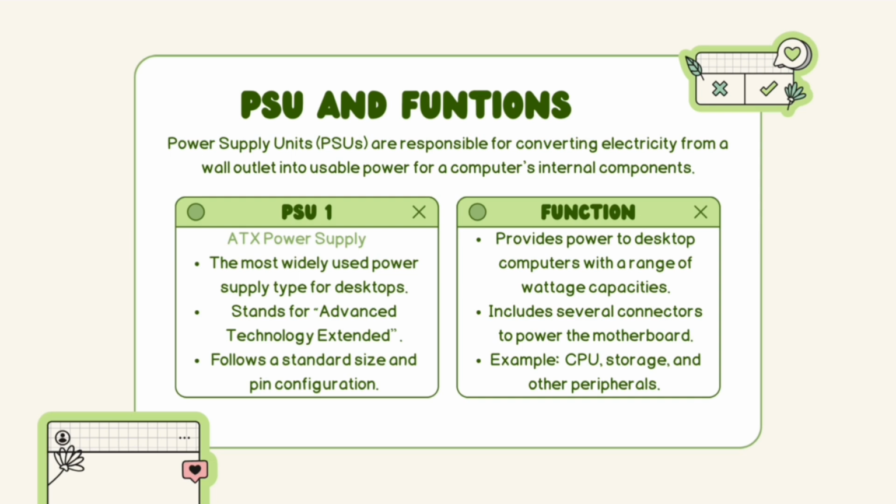The most widely used power supply type for desktops, ATX stands for Advanced Technology Extended and follows a standard size and pin configuration. Its function is to provide power to desktop computers with a range of wattage capacities. It also includes several connectors to power the motherboard, CPU, storage, and other peripherals.